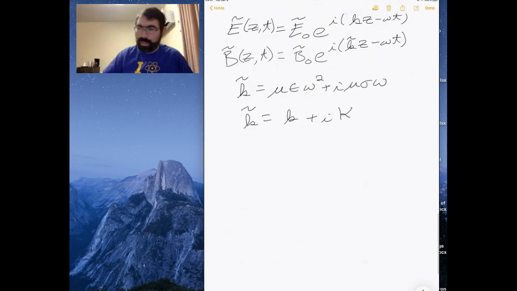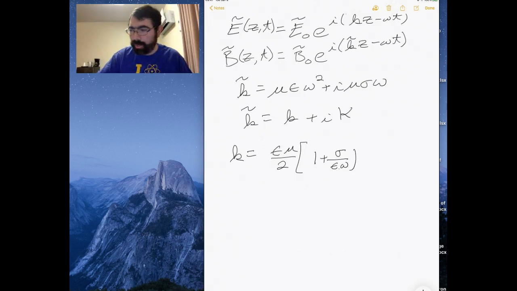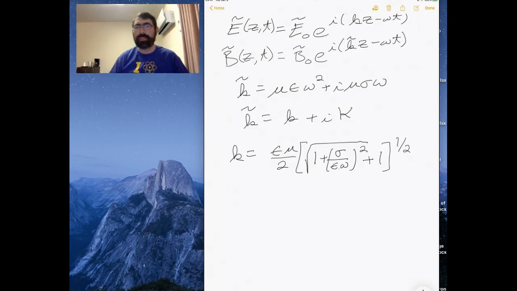Okay, so that means, if I put this all together, that k is equal to omega times the square root of epsilon mu over 2, times the square root of 1 plus sigma over epsilon omega, quantity squared, plus 1. And I take this, so basically I'm finding the amplitude of it, well, the norm.